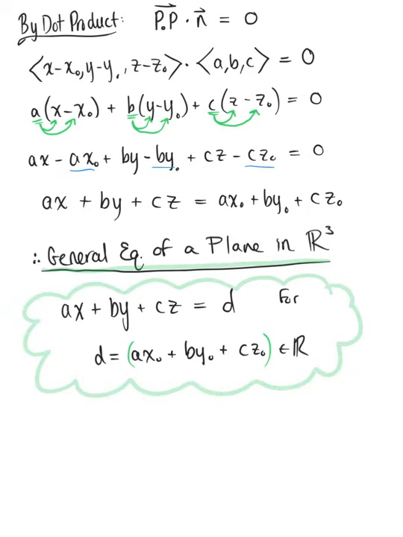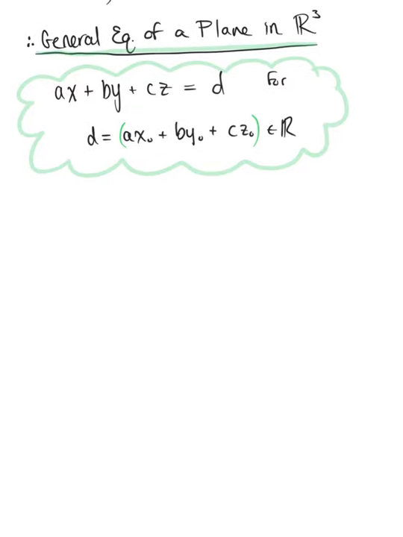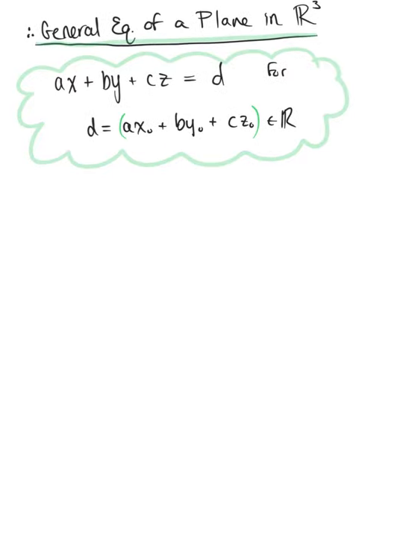Now, as I mentioned before, we want to keep two important things in mind. And let's give ourselves a little bit more room here to define these. So we want to note that the coefficients A, B, and C in the equation of the plane describe the orientation of the plane.